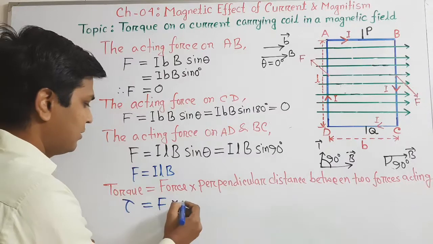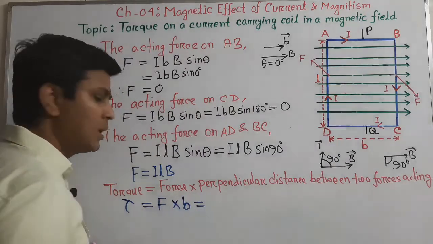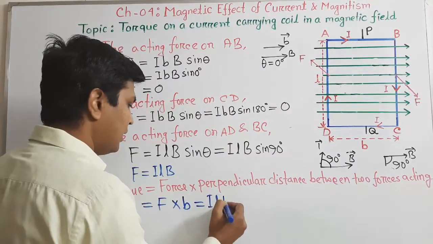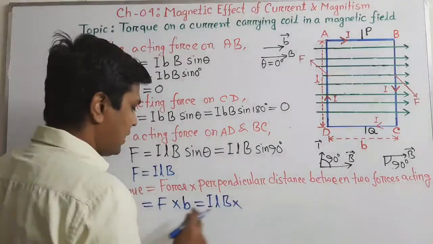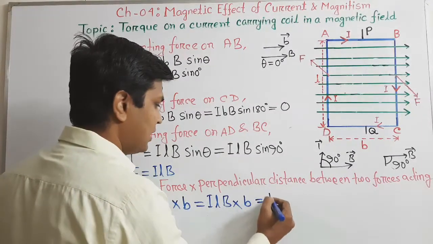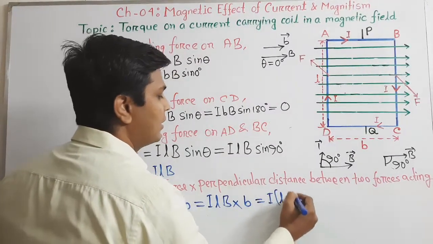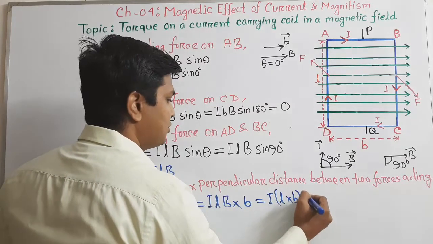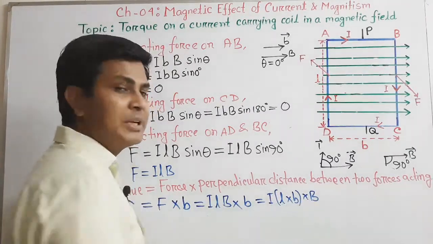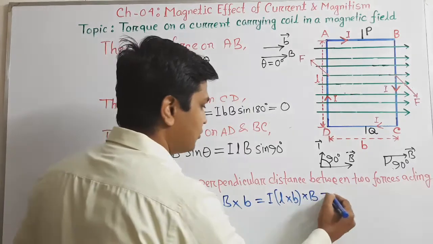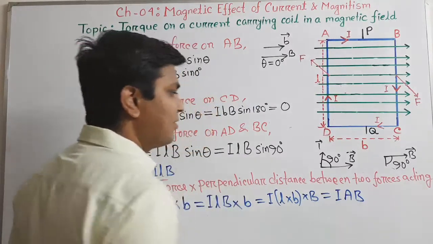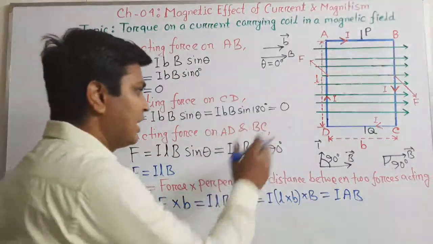So we can write b, and we have already calculated the force, which is I L capital B. Now we can write I L into b into capital B. As you know, the product of length and breadth is area, so we can write the formula of torque as I A B.